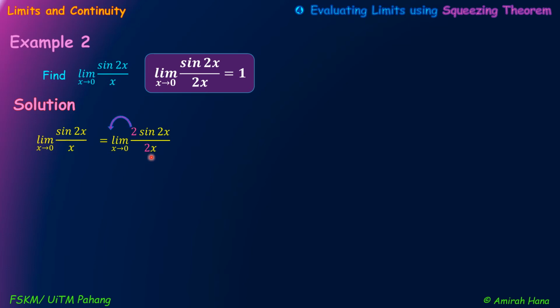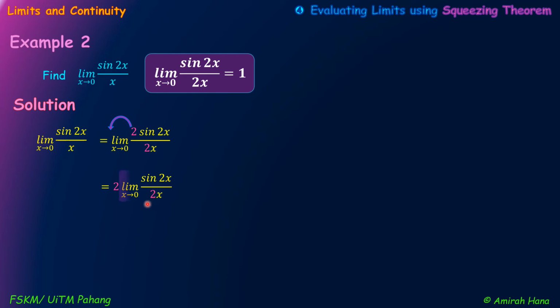Right after that, we can move out constant 2 from the limit expression here, using the properties of limit. Then we get this: 2 limit x approaches 0 sine 2x over 2x.